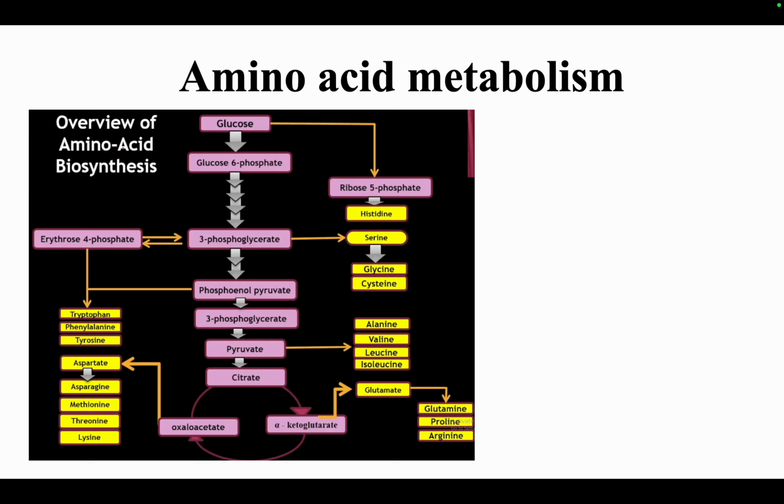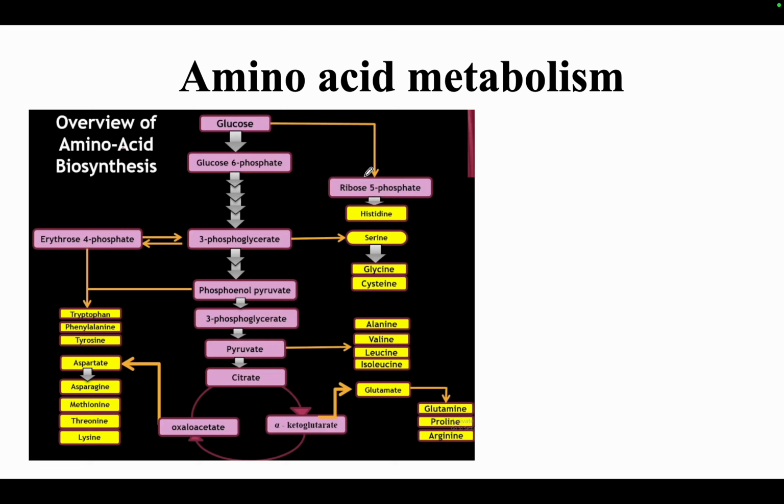Now next we move on to amino acid metabolism. We don't have amino acid pathways as such, but amino acids are synthesized from intermediates of glycolysis as well as the Krebs cycle. As you can see, from glucose we have different amino acids synthesized.